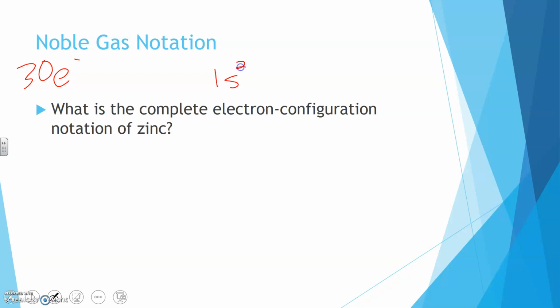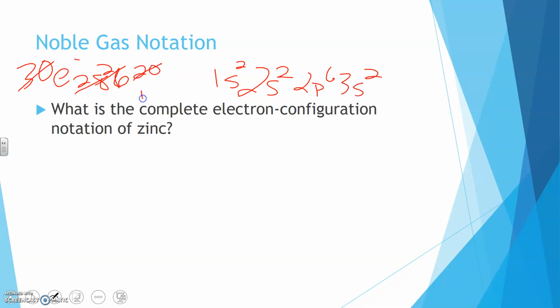So 1s2, now we're down to 28. 2s2, down to 26. 2p6, down to 20. Then you go up to 3s2, down to 18, and over to 3p6, down to 12.